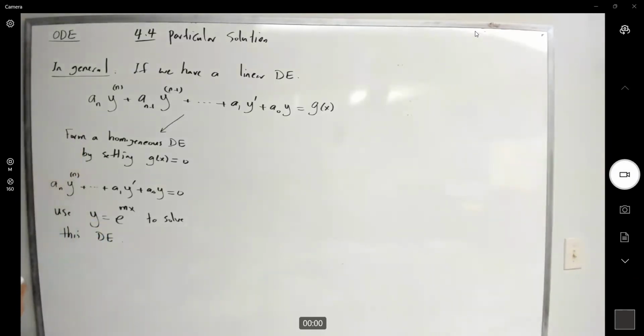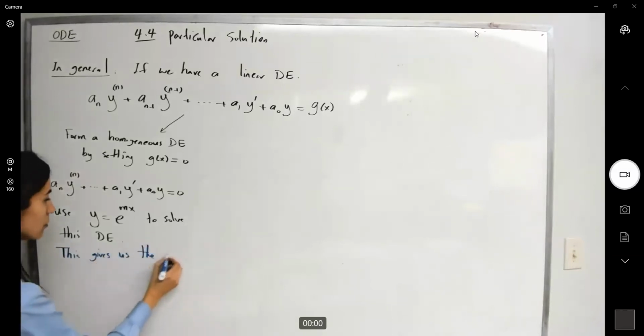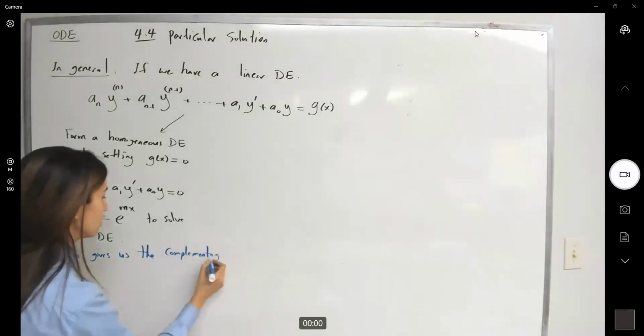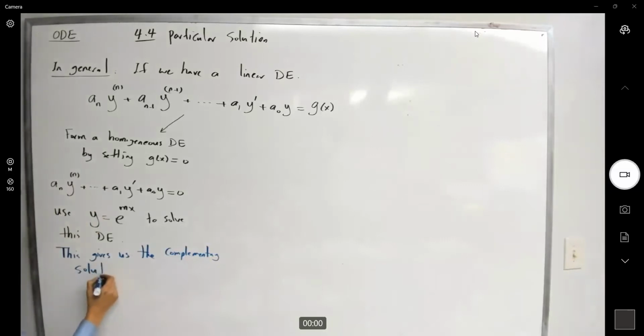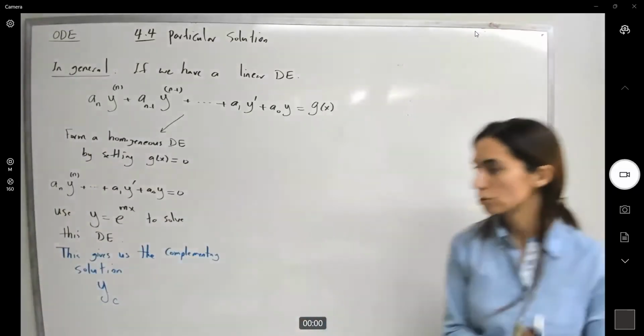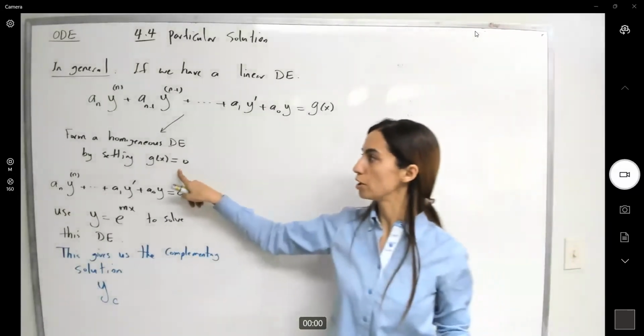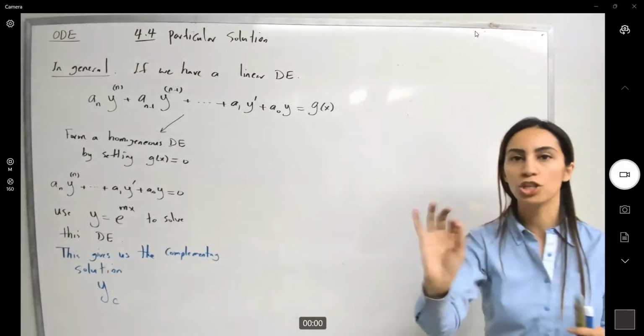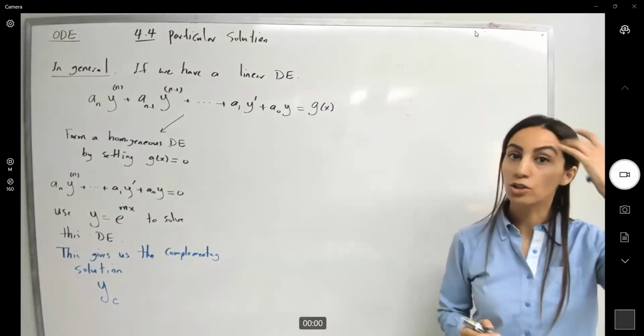So this gives us the complementary solution y sub c. After finding the complementary solution for this homogeneous differential equation, we're going to work with g of x to find the particular solution.